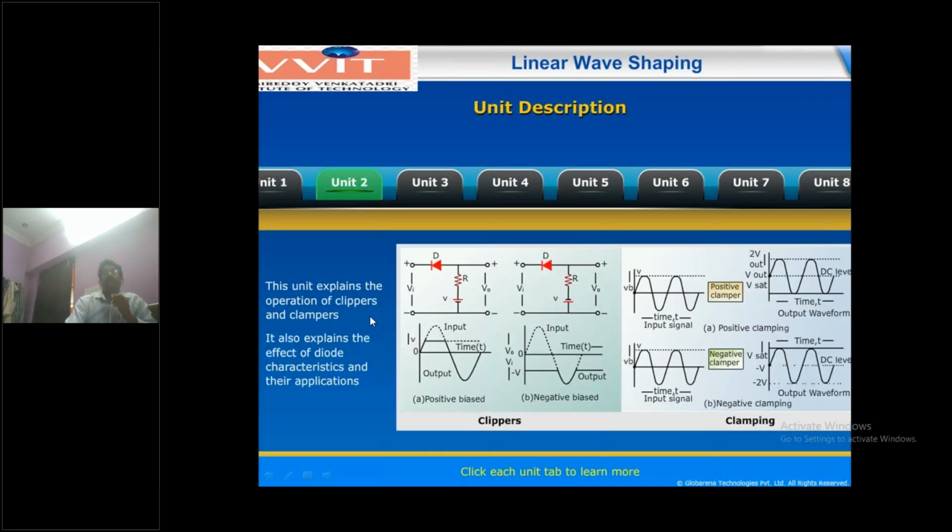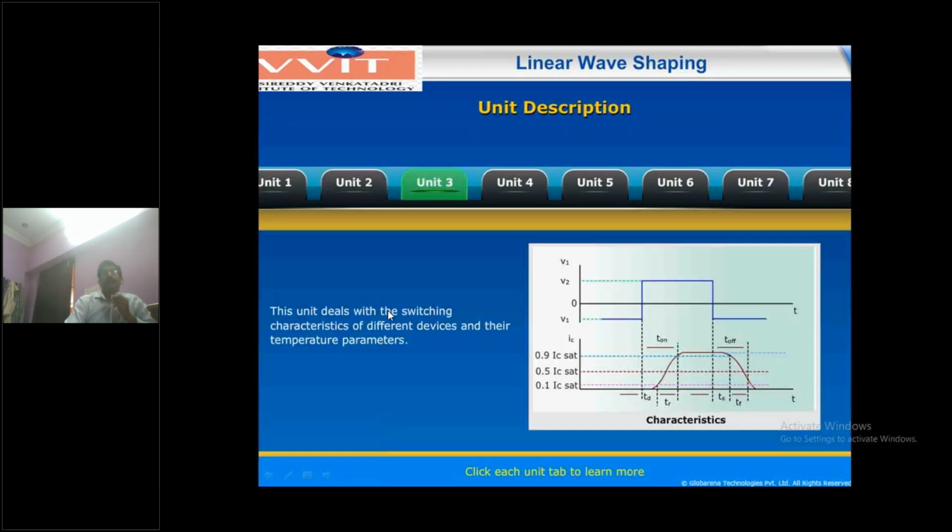Next, unit 2 is non-linear wave shaping. Here you concentrate on non-linear elements and linear elements. Non-linear elements generally means diodes or transistors, and the passive elements are R, L and C. You use this combination. In non-linear circuits, clipping and clamping circuits will be studied in the second unit. The third unit mainly covers diode switching times and transistor switching times.